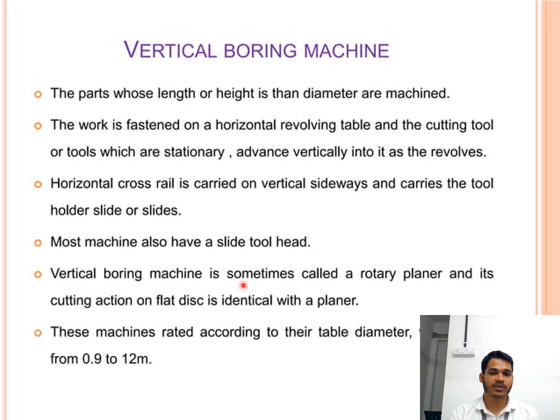A vertical boring machine is sometimes called a rotary planer, and its cutting action is identical with the planer. These machines are rated according to their table diameter, from 0.9 to 12 m.